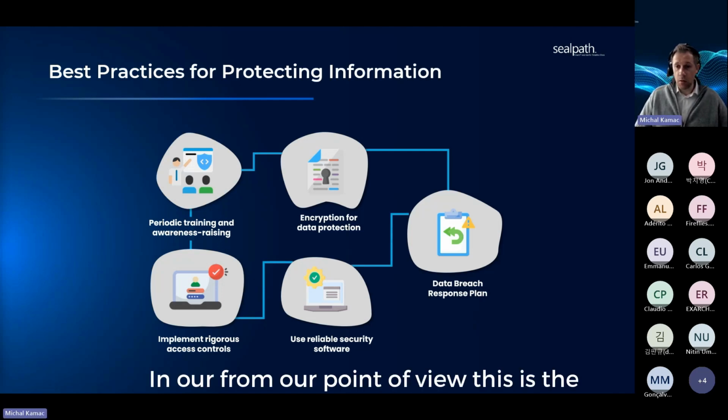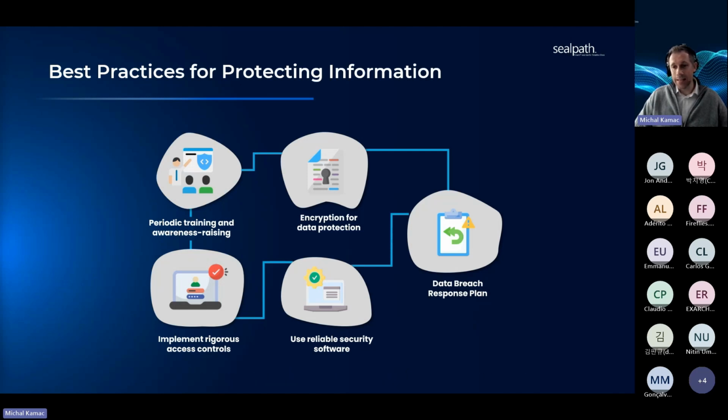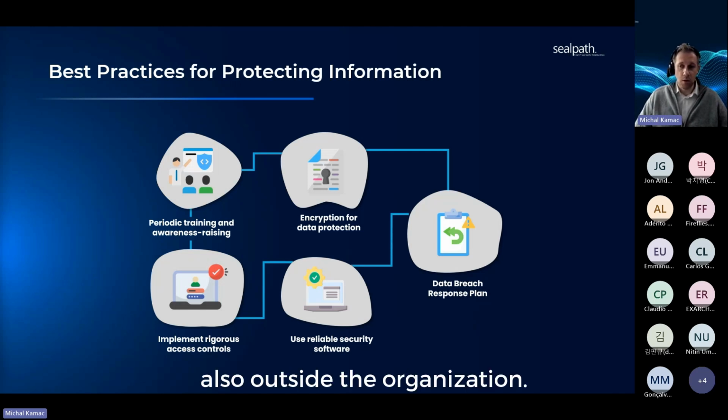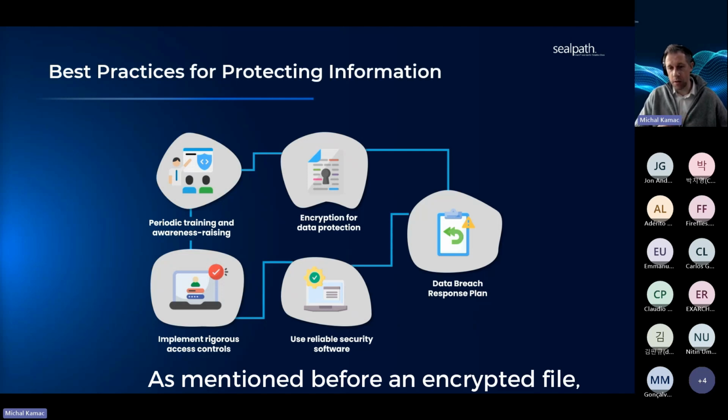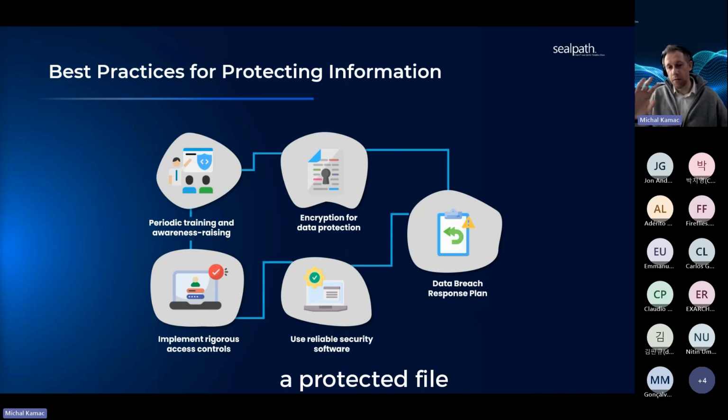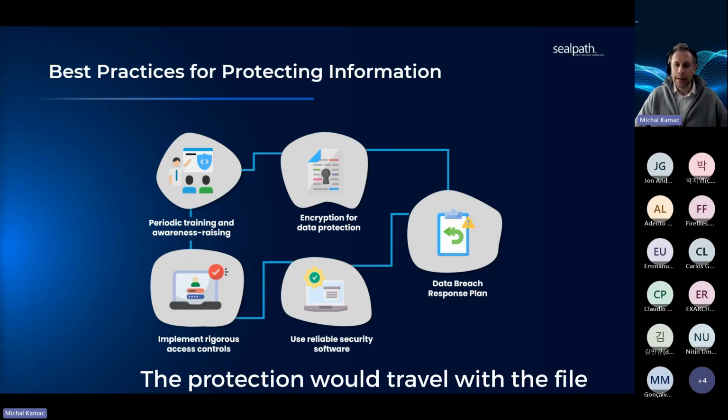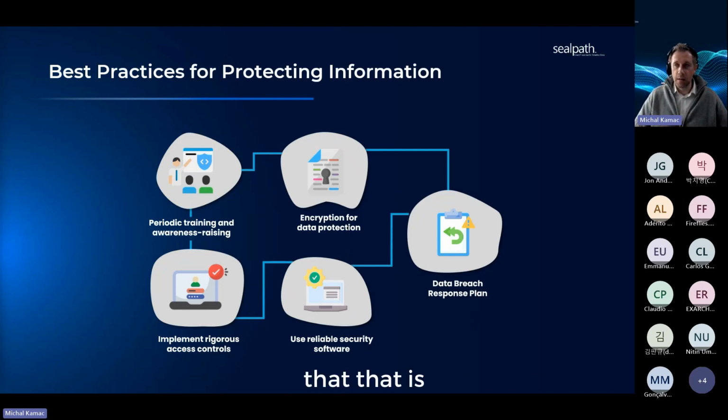Data encryption, from our point of view, is the most effective method as it acts also outside the organization. As mentioned before, an encrypted, protected file would allow file sharing. The protection would travel with the file. So that is recommended from our side.